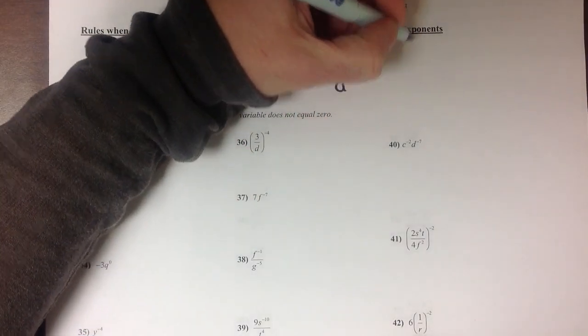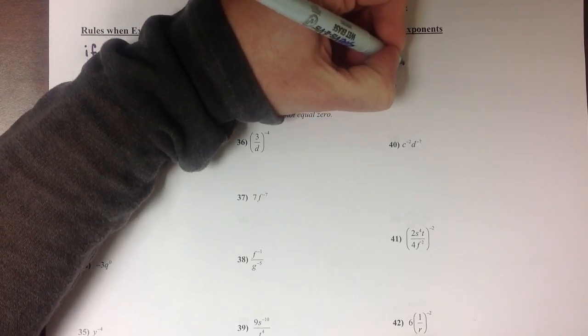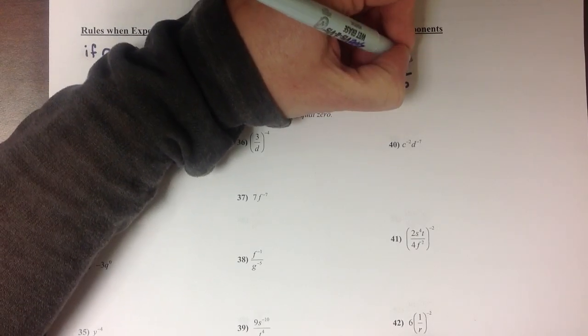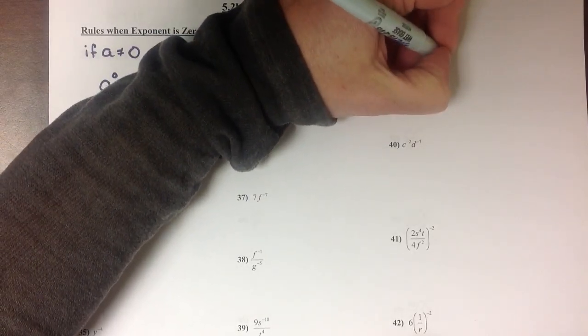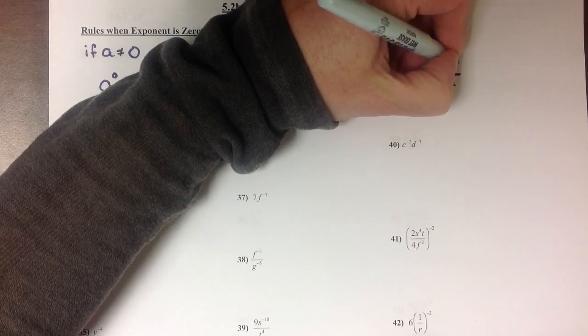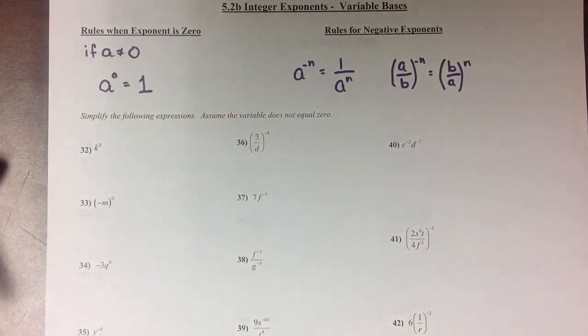And if you've got one that already has a numerator and denominator, a over b to the negative n is going to be equal to b over a to the positive n. So let's try some examples.